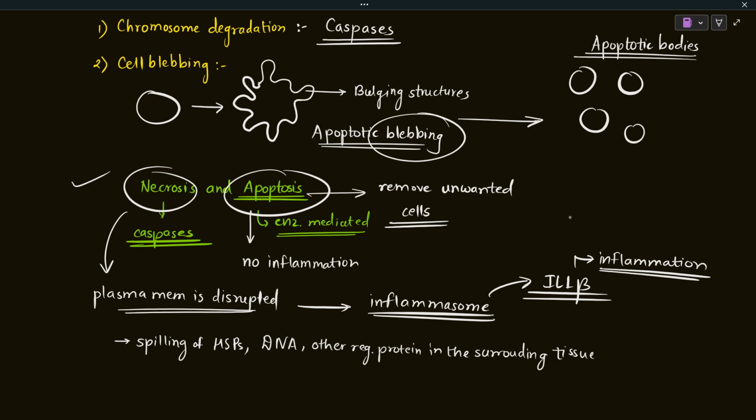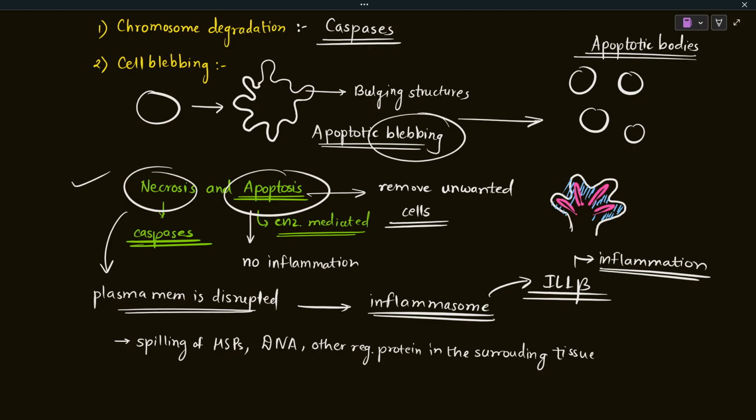For example, during development, the hands are something like this, but you have to form the digits, so the digit should be something like this. So this portion of cells is unwanted, and those cells will be killed by the apoptotic mechanisms.